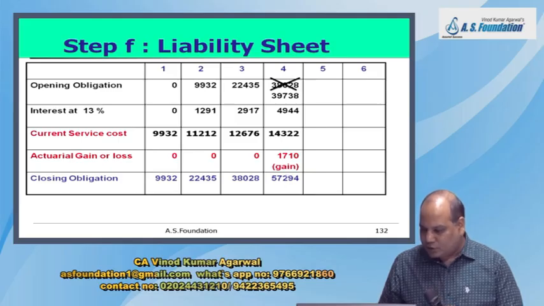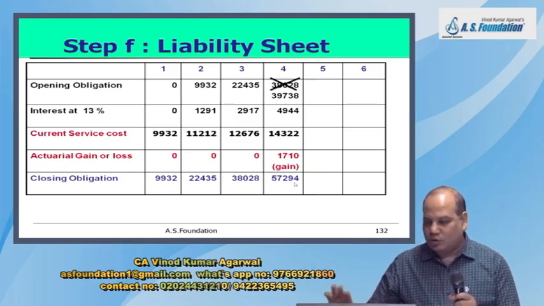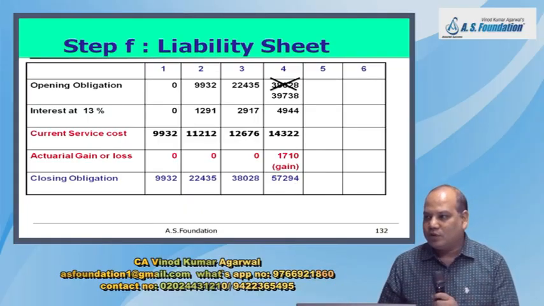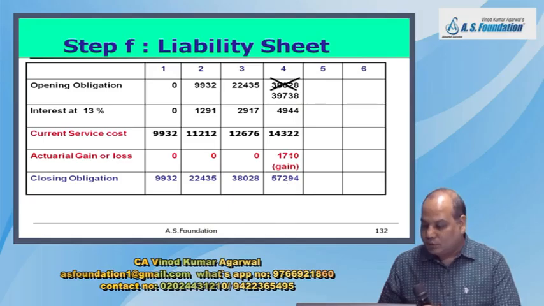If in the exam this figure is normally given, and normally this chart is not required by the student, then you will have to find out the actuarial gain or loss. Actuarial gain or loss will be the balancing figure.